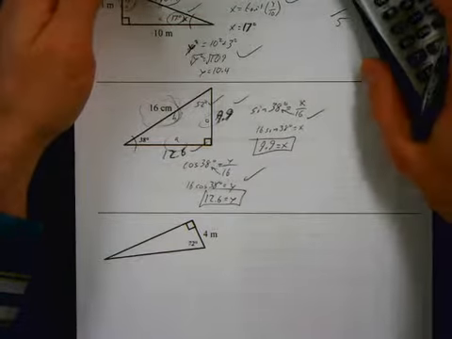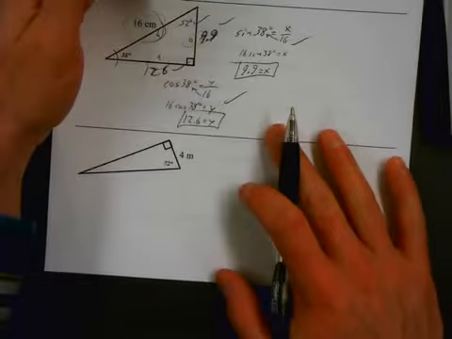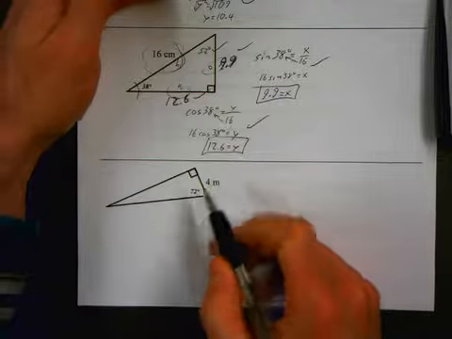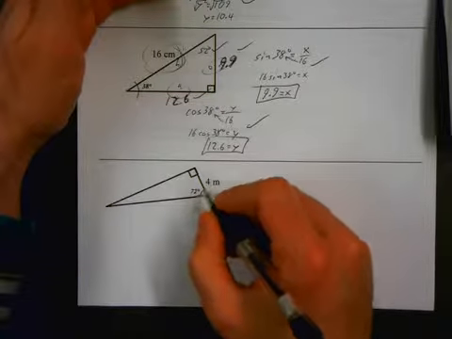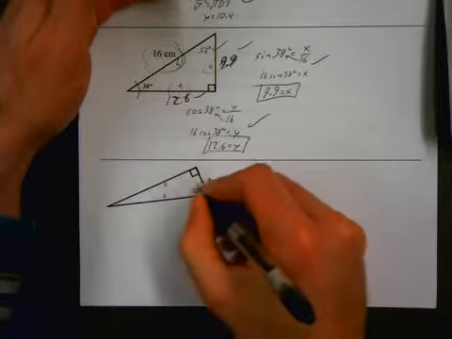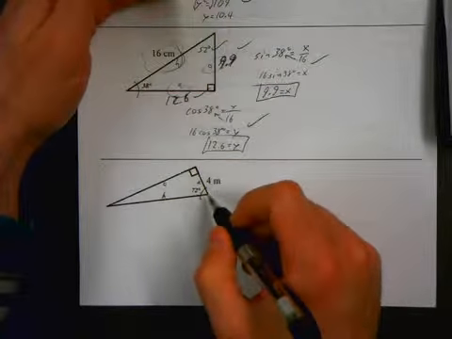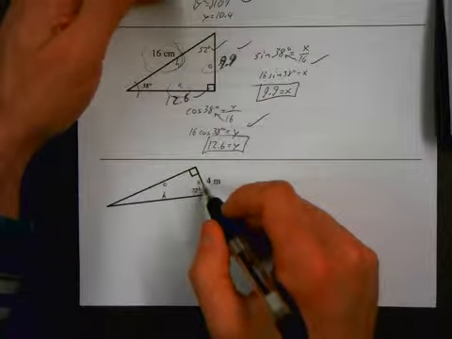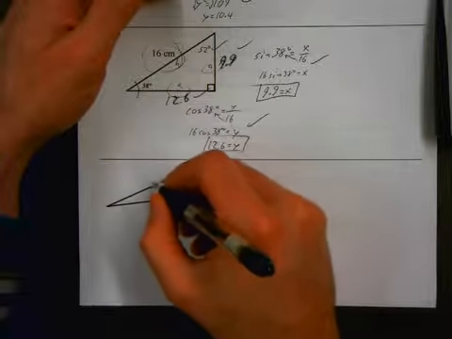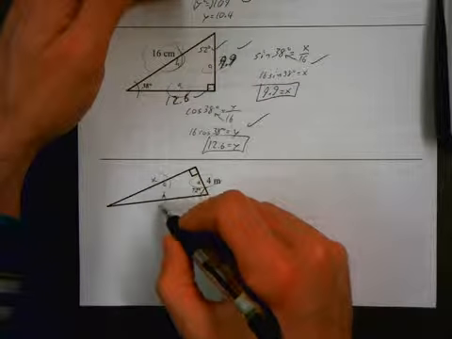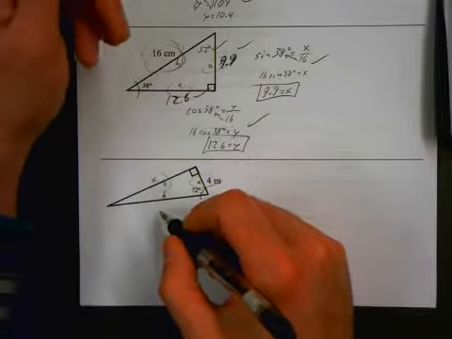Okay, next one. This time they're giving me 72. So from this angle, I'm going to label O, H, and A. I'm going to do my SohCahToa first. Now, what do I want to solve? Well, let's solve for this. So if I'm going to use this and this, I mean, I could have done this first. It doesn't matter. You can solve in different ways.